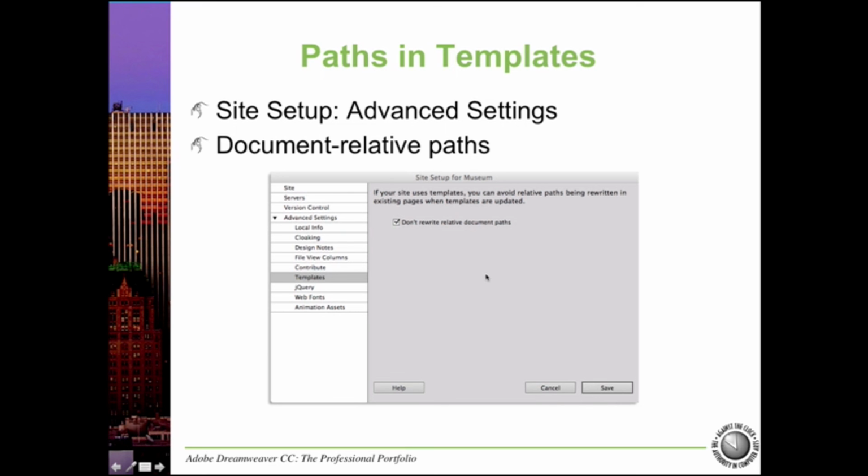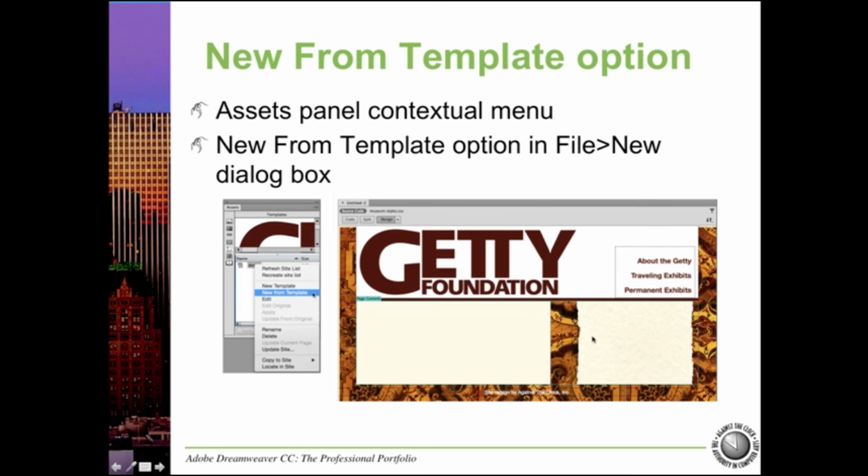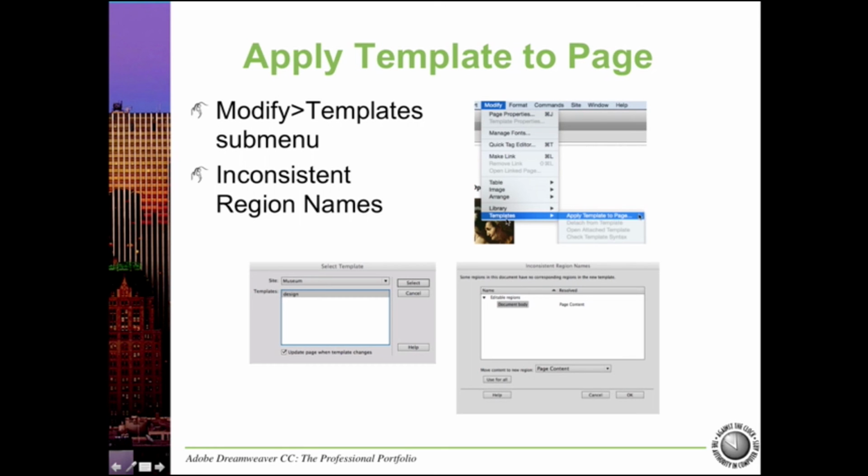If you Control-click or right-click on your template files in the Assets panel, so here's the Assets panel, you can create a new file from template, or you can go to File, New, and select Page from Template. Then you can assign that template to an HTML page. So here you go to Modify, Templates, Apply Template to Page, and then you can select your template within your site.